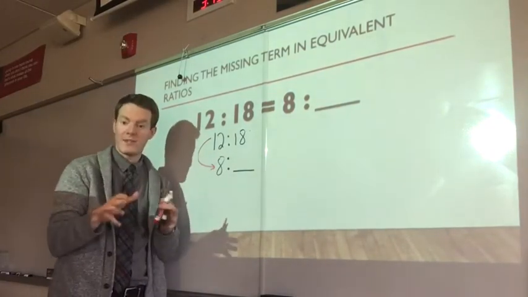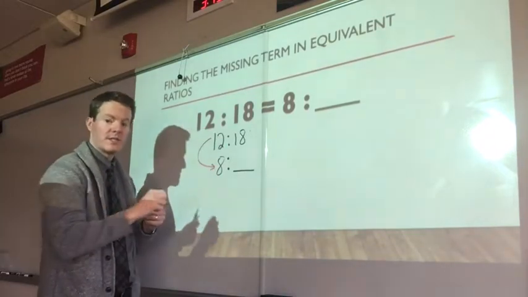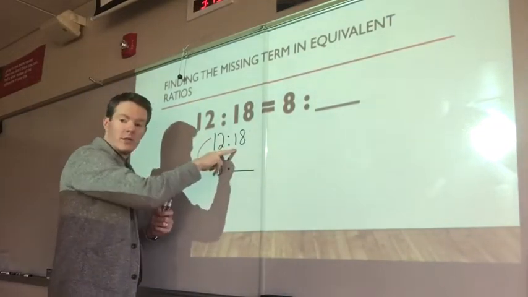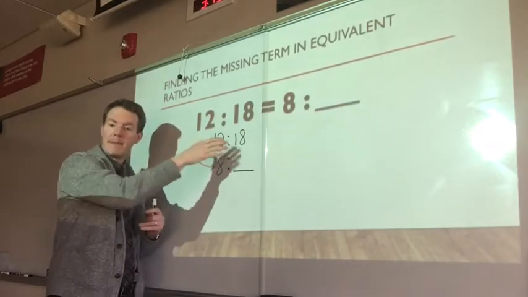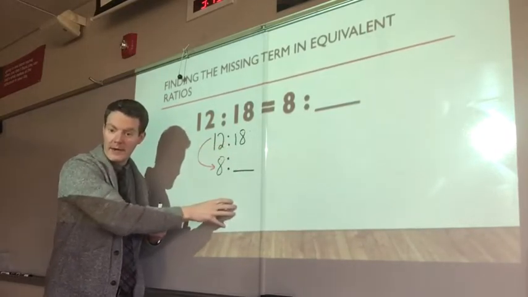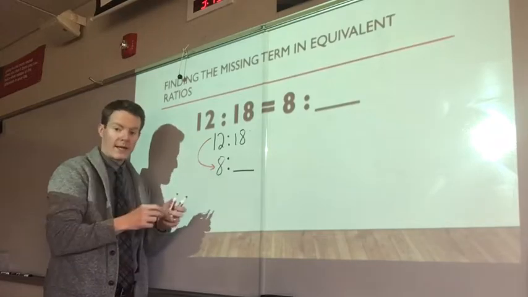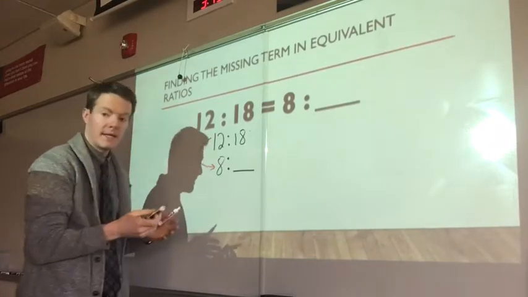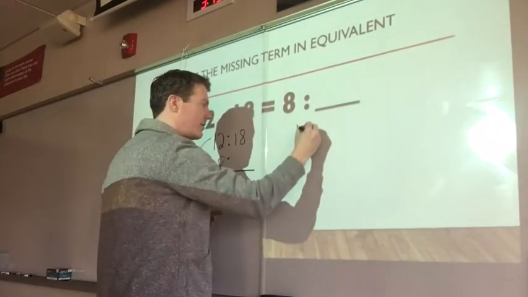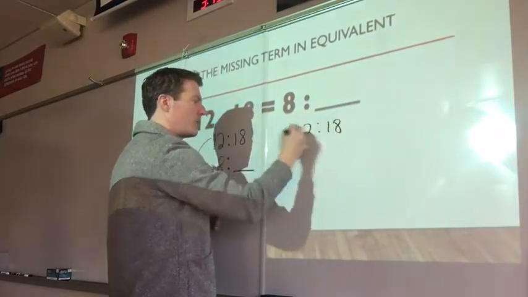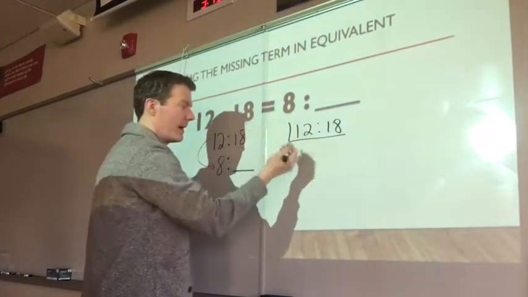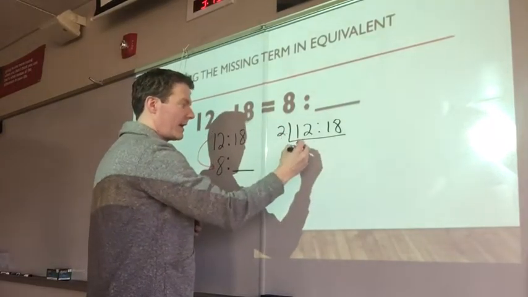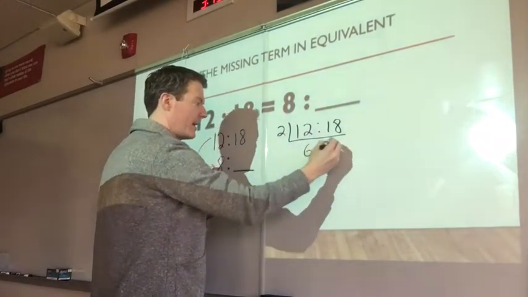So what you should ask yourself in those situations is, is there something that I can do to this original ratio? Can I simplify it to maybe get to something that will allow me to easily see what I could set this equal to? So what I mean is, take your 12 to 18 ratio, try to reduce it. So you could reduce by whatever you want. I could reduce by 2 and get a 6 and a 9.